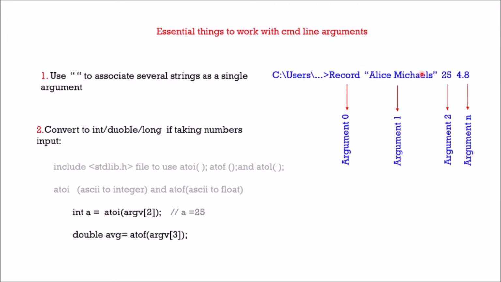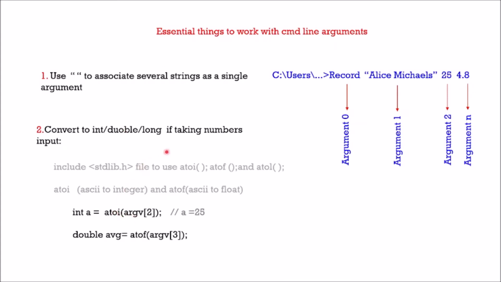The second one is to make conversions whenever I'm using numeric input. This 25 here is actually two characters, the digits 2 and 5. In order to make them available as a numeric type to perform arithmetic operations, this has to be converted to an integer in this case.